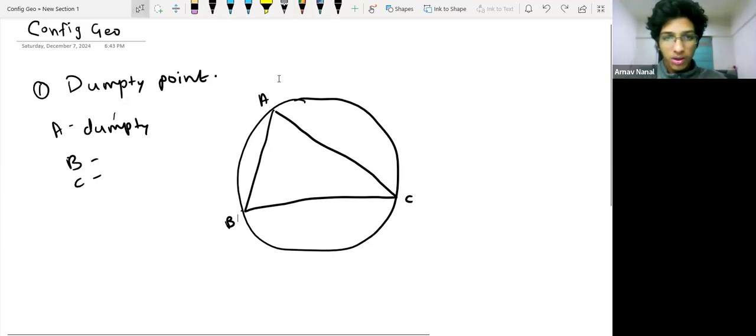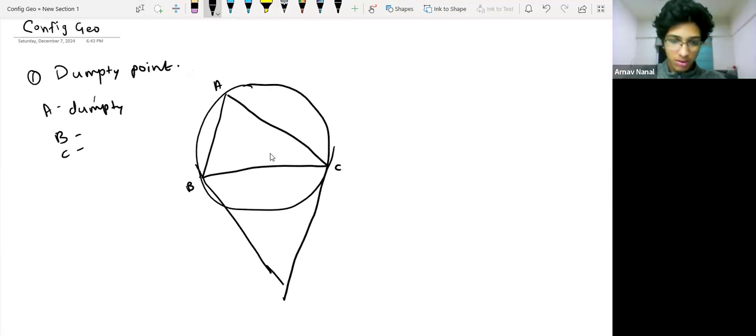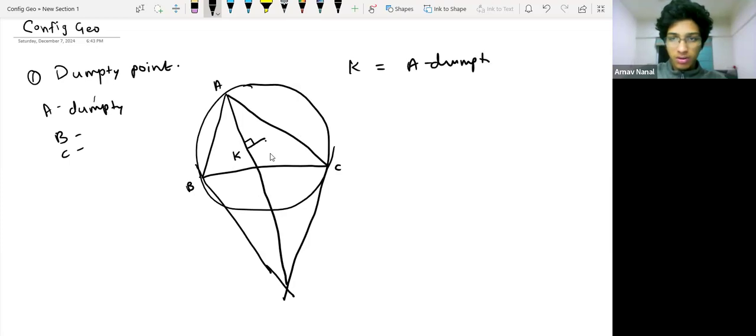Okay, so you have this, then you construct the median of A and the circumcenter. And so this point K is the A Dumpty point of triangle ABC.